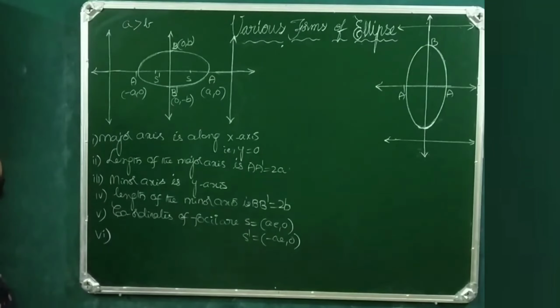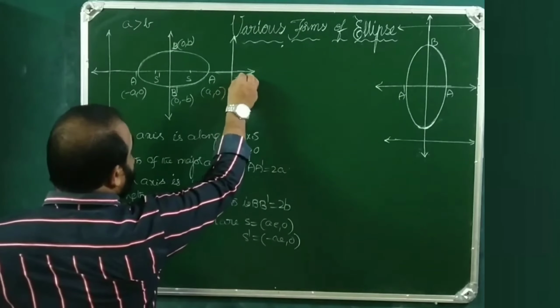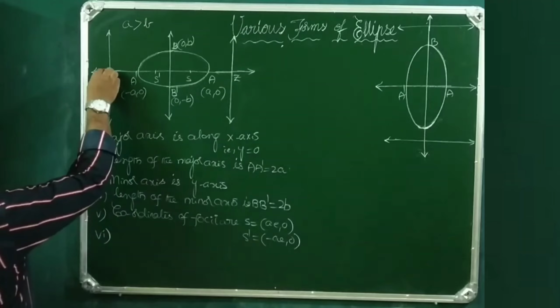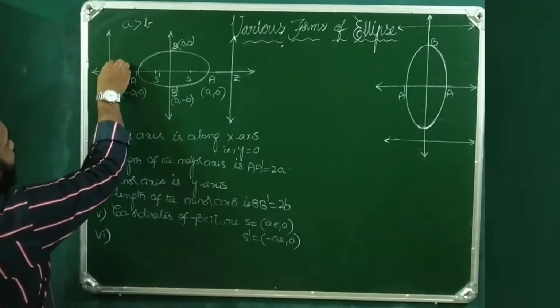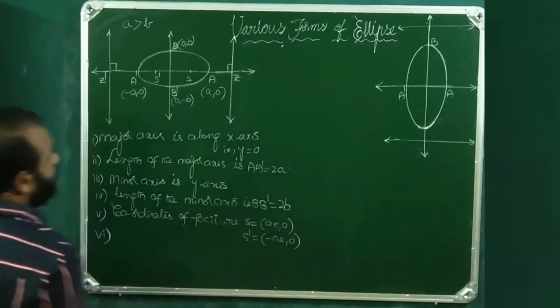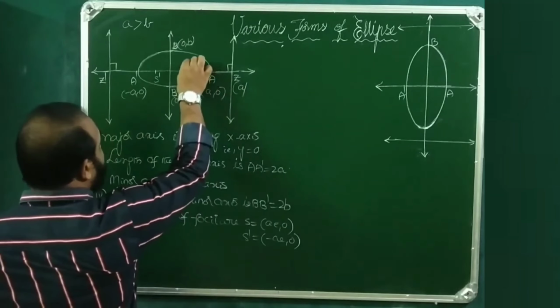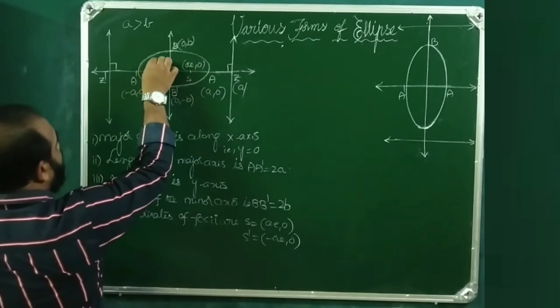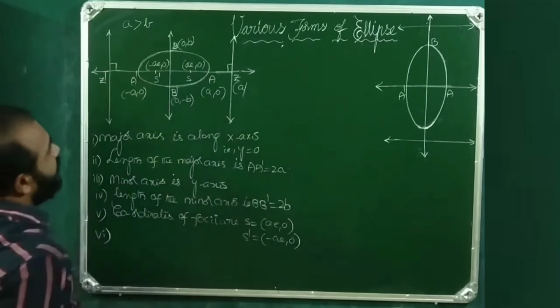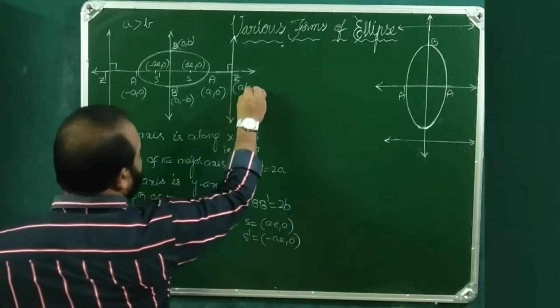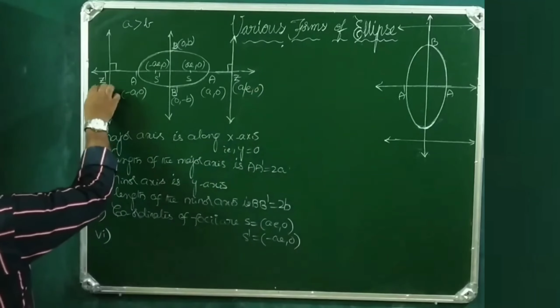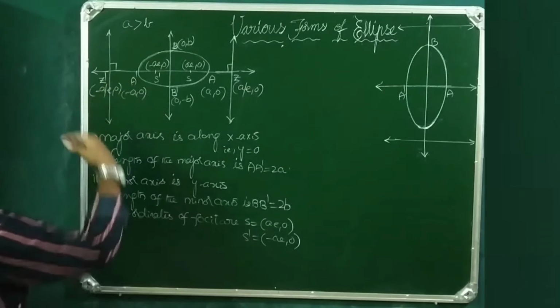Now, this Z and Z dash are the foot of the directrices. So, this is a by e comma 0, and this is minus a by e comma 0.